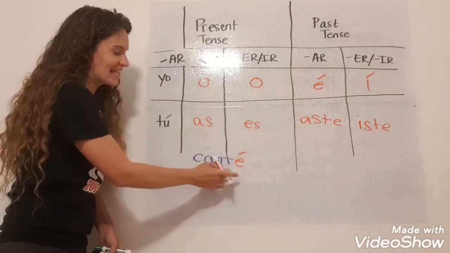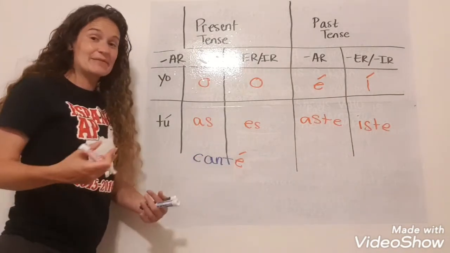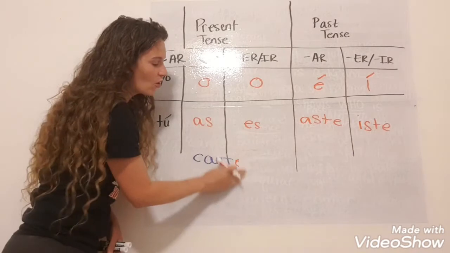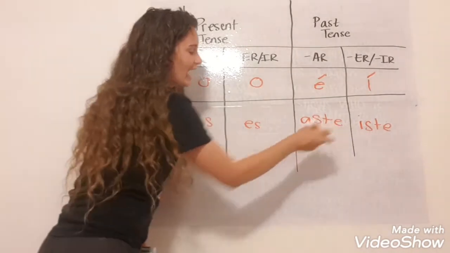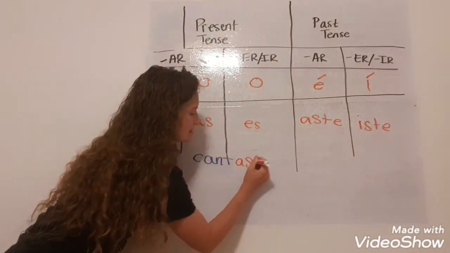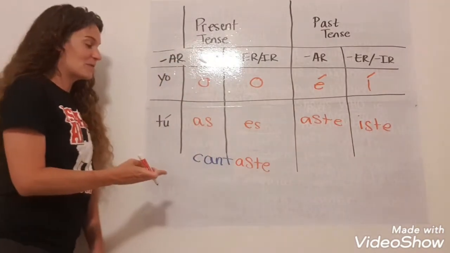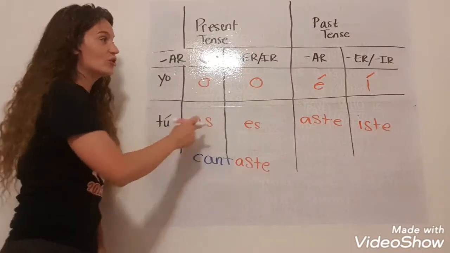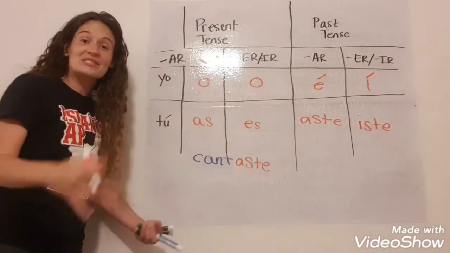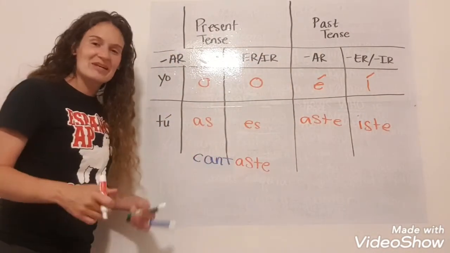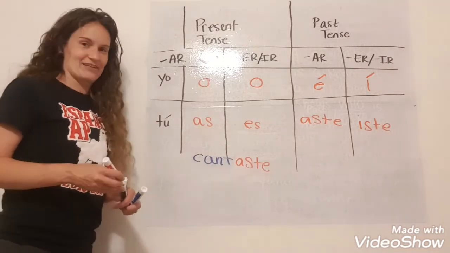Yo canté, or just the word canté, means I sang. Or, if I put aste, cantaste, then that would be you, tú, past tense, so you sang. Cantaste would mean you sang.